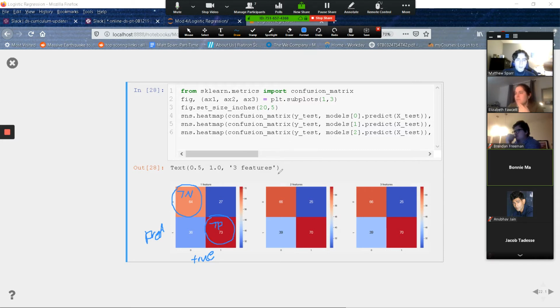Oh yeah, down here you can see how it's labeled. It's kind of tiny. So true positive, true negative, and then what would this one be here? And lastly, this one here.